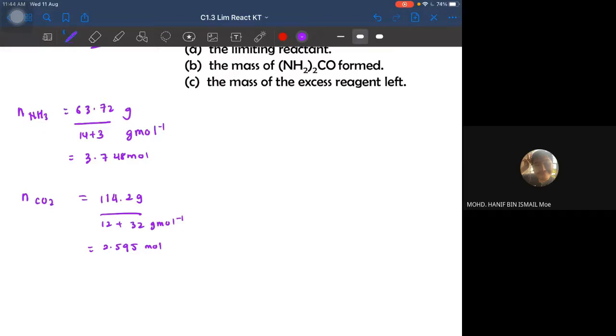So from the mole, we can compare to determine the limiting reactant.